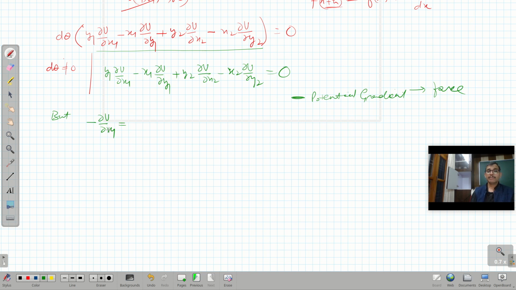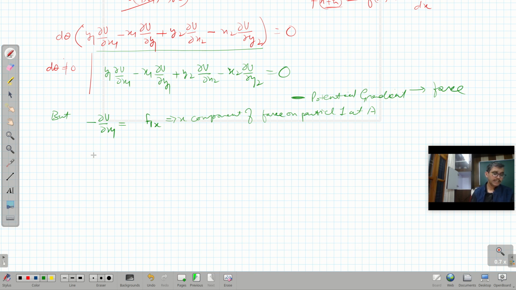It is the partial derivative of potential energy with respect to x1. So that means it is force on the first particle, and it is its first x component. So that means what is it? It is basically x component of force on particle 1 which is at position A.